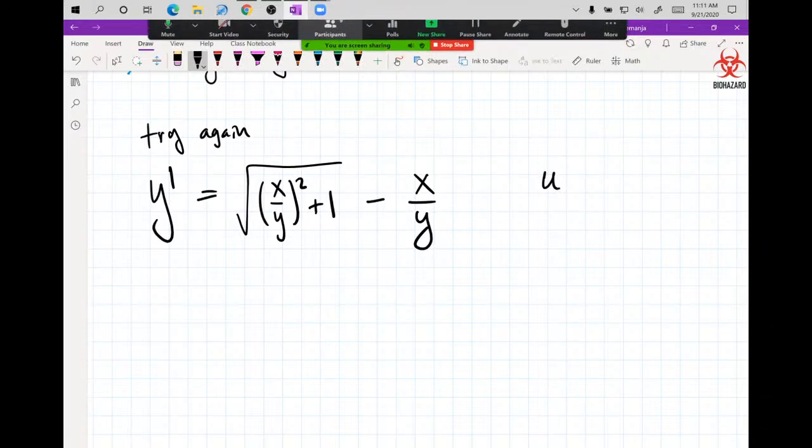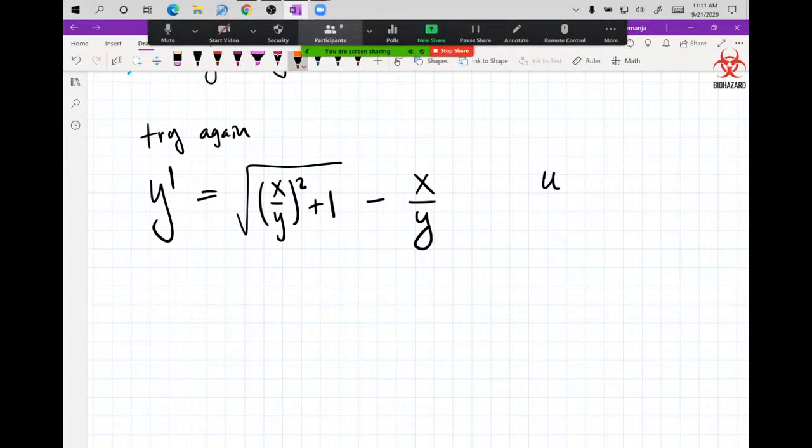So I'm going to say, oops, let's go orange. u equals x over y squared plus 1. Because that's going to kill the plus 1 in the derivative, and you know, there are things we can do. So we solve this for, oh, but that's going to have a y squared. It's going to be terrible.